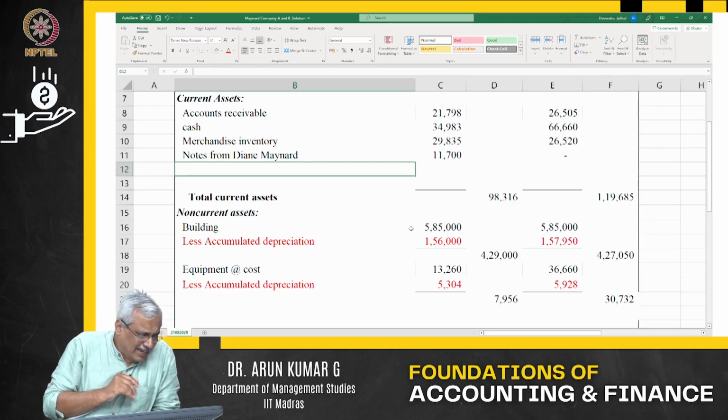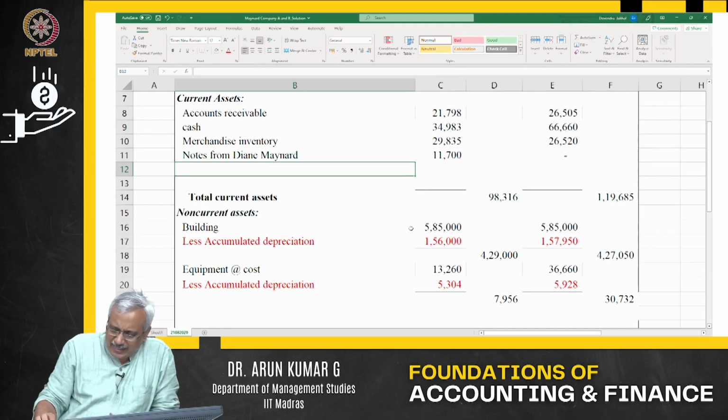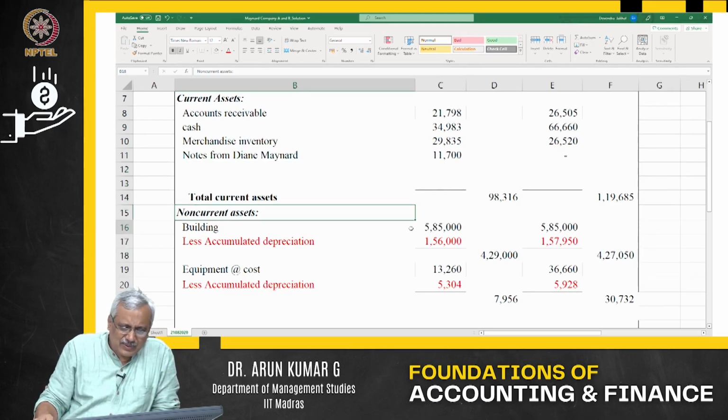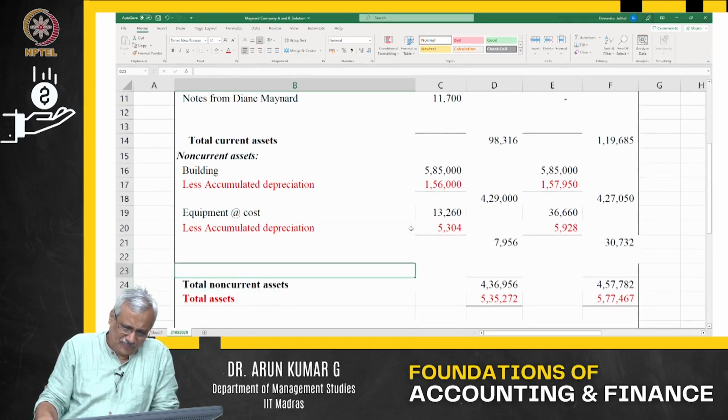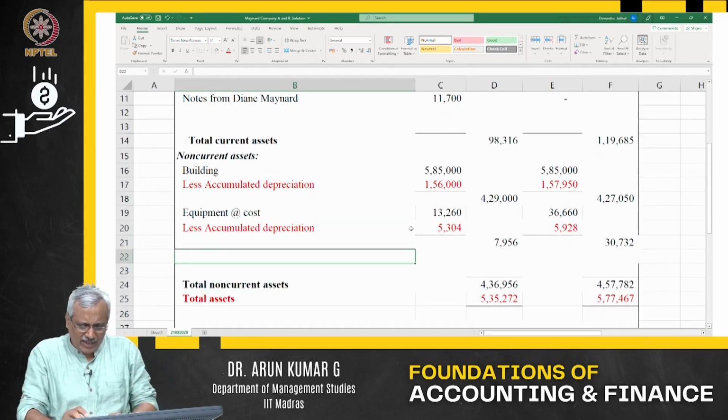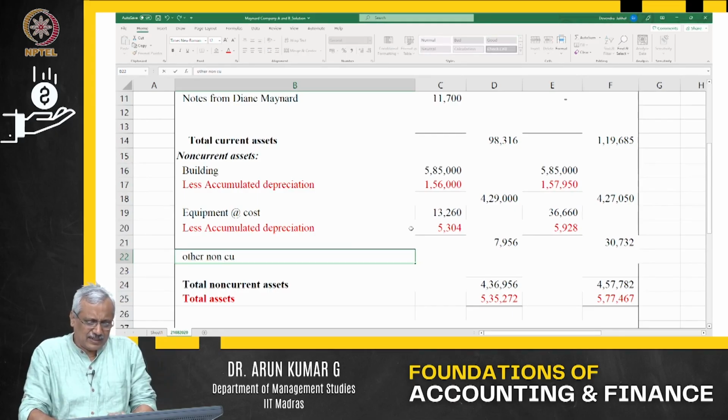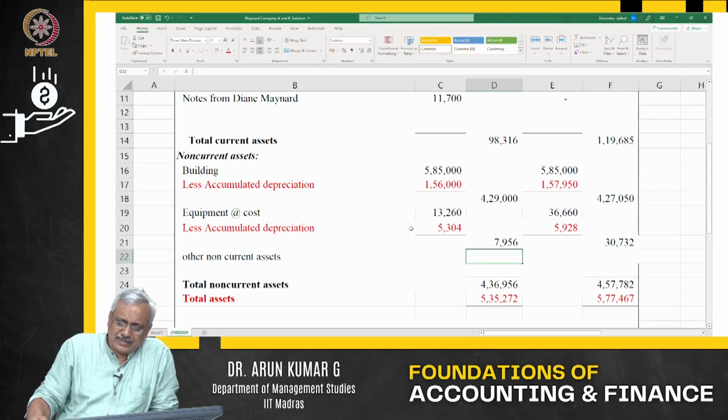Then we see other non-current assets. Let us see non-current assets in this particular case. I am going to say other non-current assets. What is the other non-current asset here?